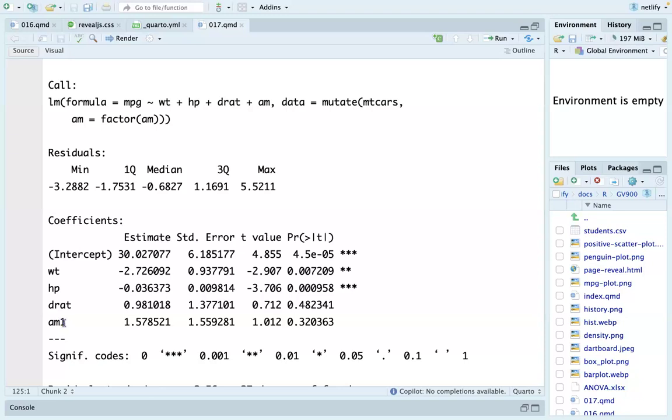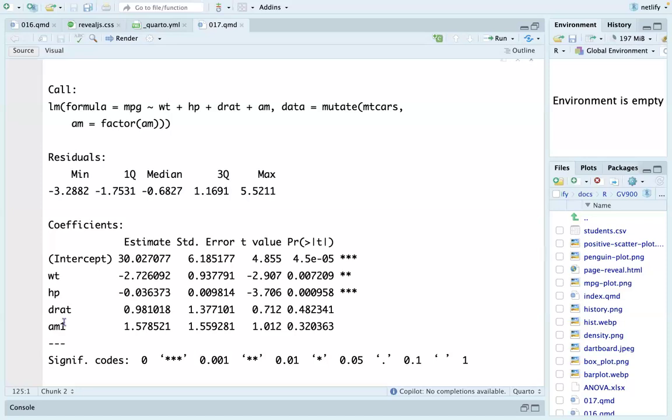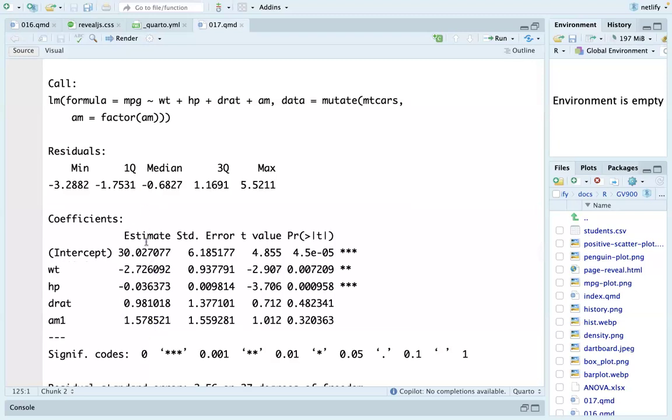Because transmission is expressed by 0 and 1, where 0 is automatic and 1 is manual, in this case it means manual compared to automatic. If it's manual, it will increase the miles per gallon.